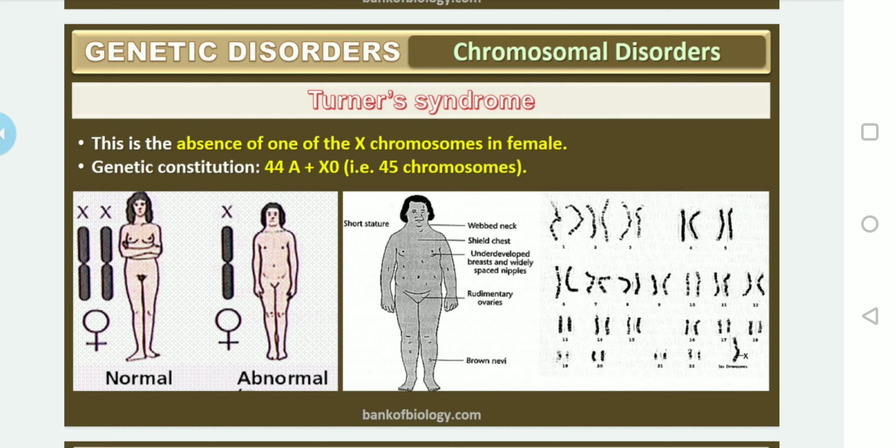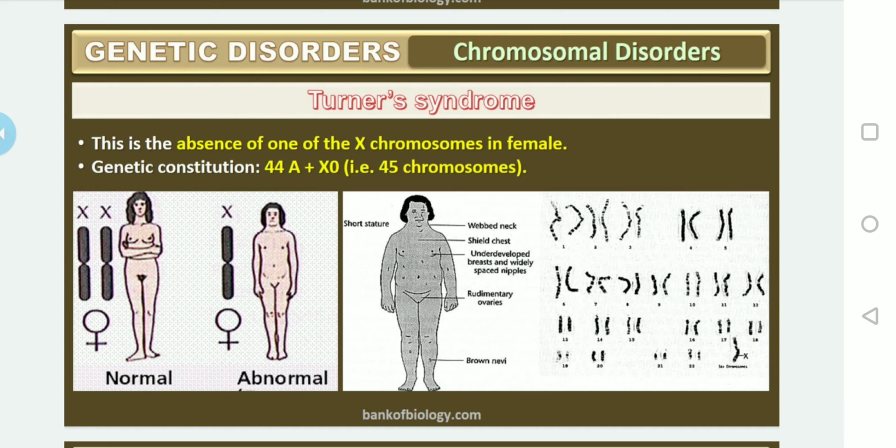Here a karyotype analysis is also given. When discussing the allosomes, one X is missing, isn't it? So you can identify the difference between normal and abnormal. In the case of normals, it is 44 autosomes plus XX.